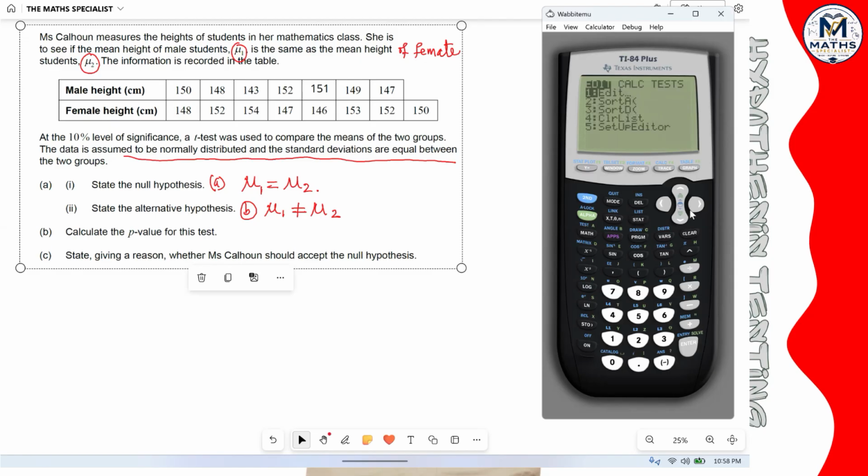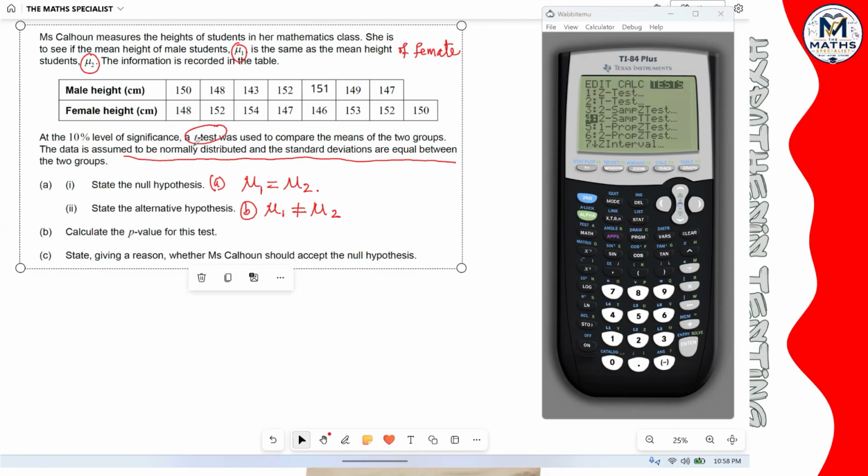So we have our L1 and L2. Then we are coming here to start. Then we are finding the test. We have Z test, T test, 2 sample Z test, 2 sample T test. Why 2 sample T test?